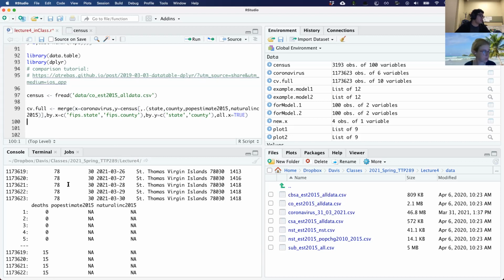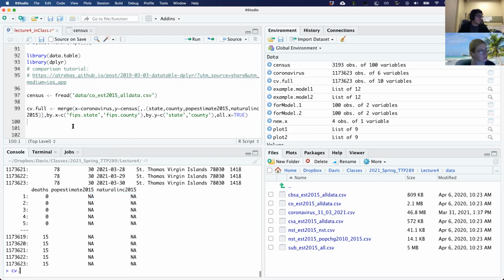So we do notice that there is some missing data where the match wasn't able to successfully merge. And so in this case, I'm just going to ignore that data. So we're going to drop it.